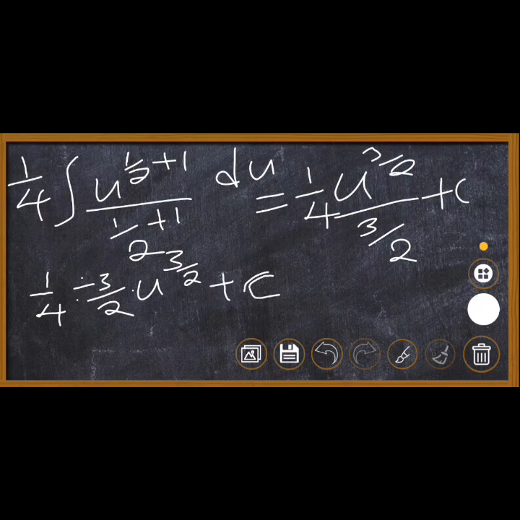According to the division rule, when you are dividing fractions, you change the sign to multiplication and interchange the numerator with the denominator. So you are going to have 2 over 3, u power 3 over 2, plus the constant c.